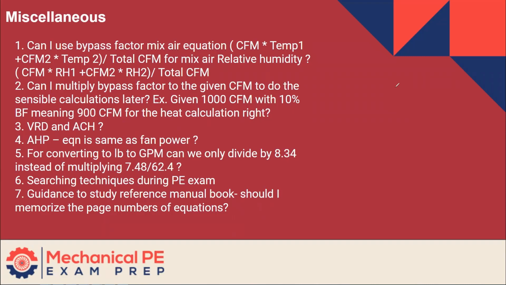Out of that 1000 CFM of outside air, 900 CFM is going to the mixture, and 100 should be from the return air. So when I do the calculation for sensible heat, 1.1 times CFM times delta T, can I use 900 CFM instead of doing the whole thing?